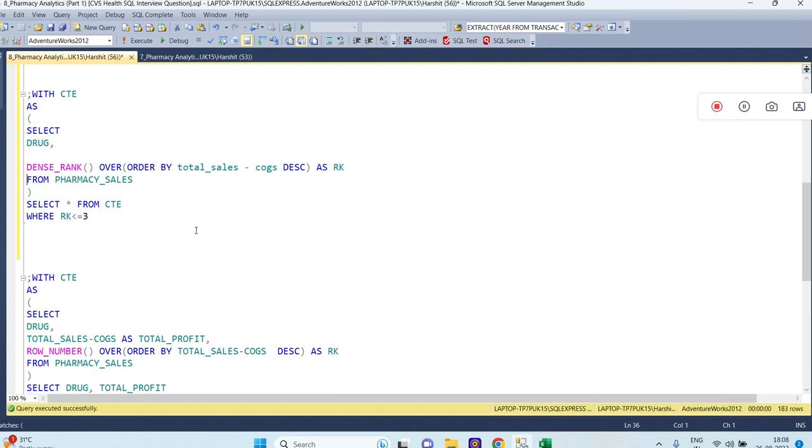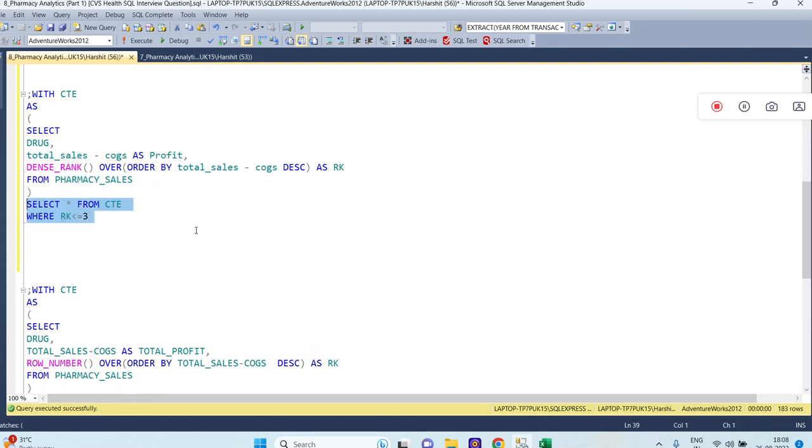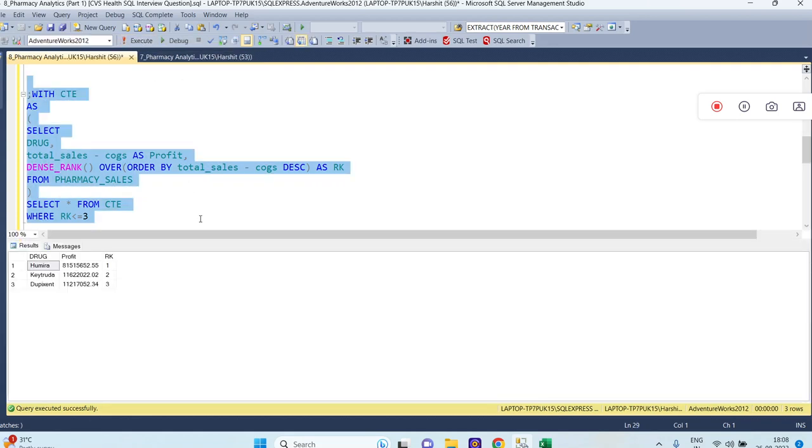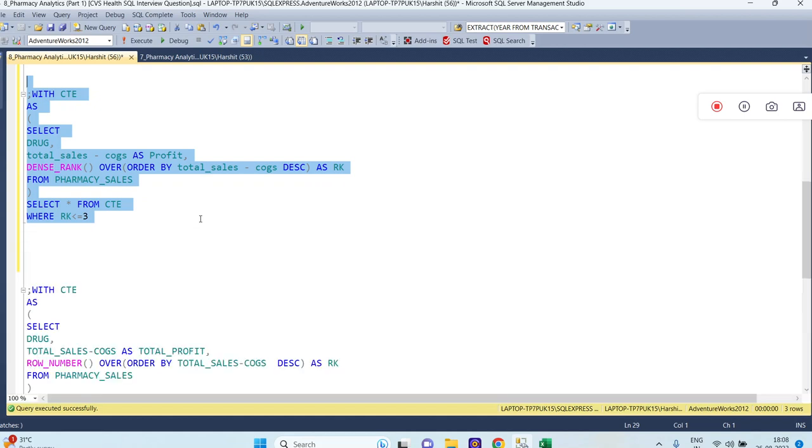So we need to mention this column as well, and we can give the alias profit. Now let me run this query. Now the RK column is not required, right? We require the drug and profit columns only.